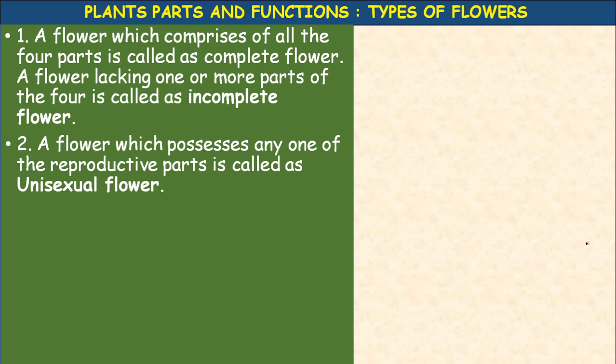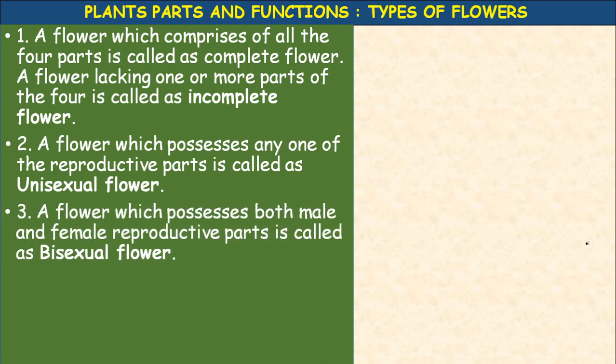A flower which possesses any one of the reproductive parts, the essential parts of the flower are androecium and gynoecium. Androecium is the male reproductive part, gynoecium is the female reproductive part. If any one of it is present and one is absent, then such flowers are called unisexual flowers. Okay, if only androecium is present, it is called a male flower. If only gynoecium is present, then it is called a female flower.